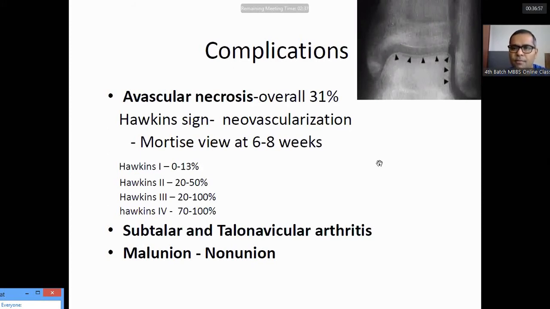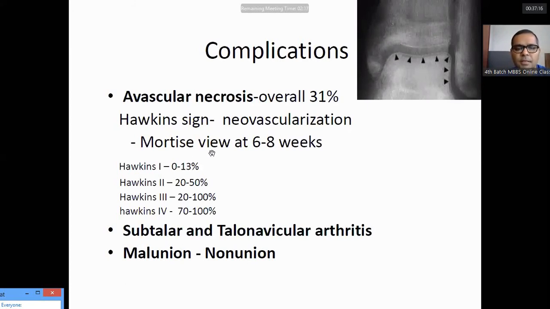The blood vessels have encroached. There is adequate blood supply, and when there is blood supply, subchondral bone resorption occurs, and this actually is a good sign. It suggests that the bone is healing, going towards union.